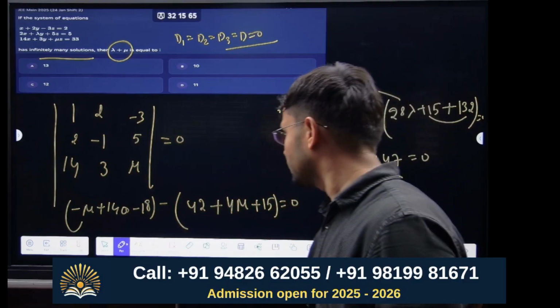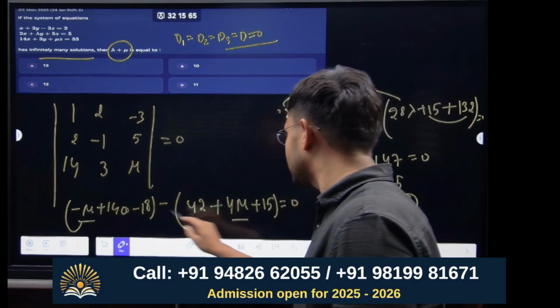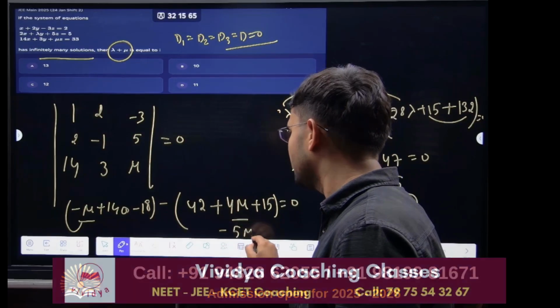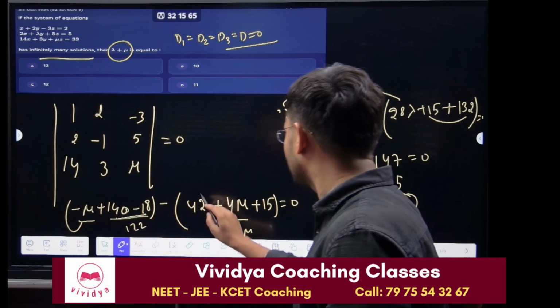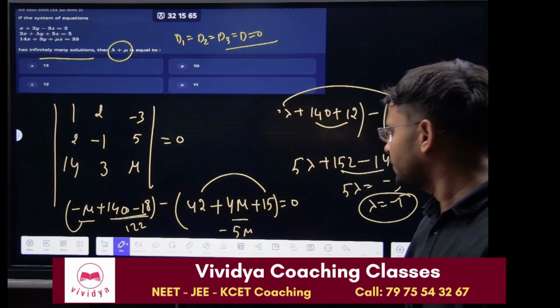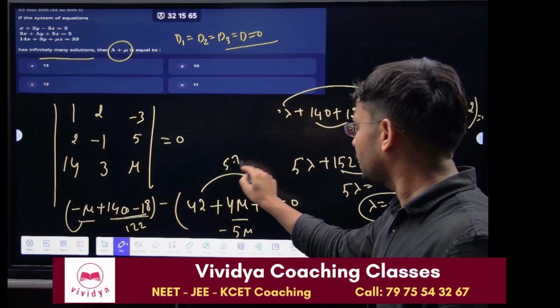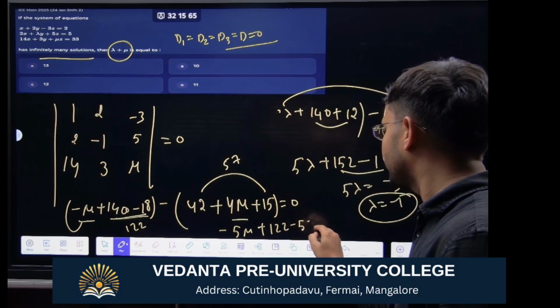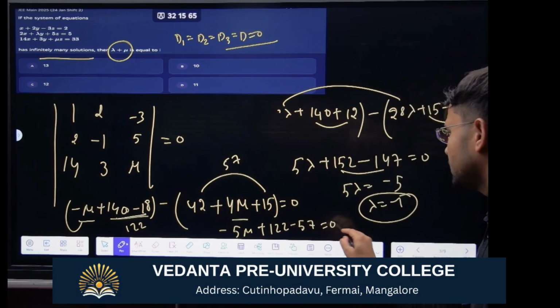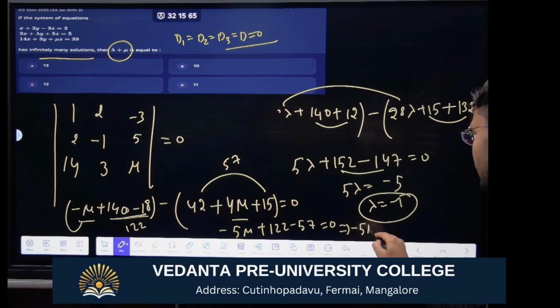Now see, minus mu minus, this will be minus 5 mu. This is 122, and this is going to be 57. So this is going to be 122 minus 57, and that will be equal to 0. So this is minus 5 mu.